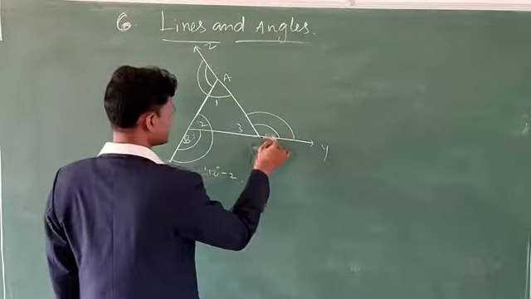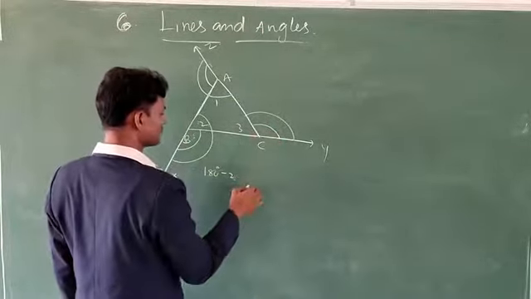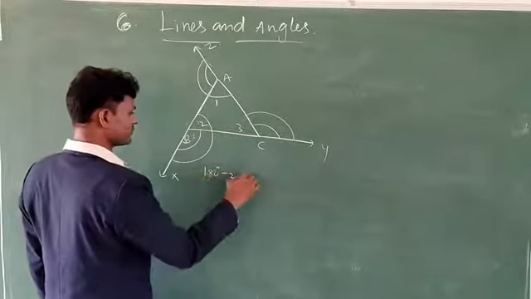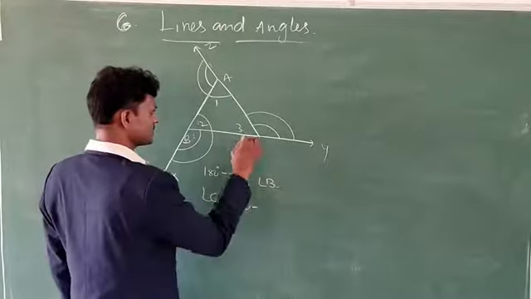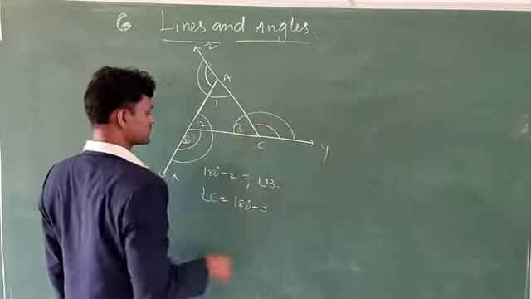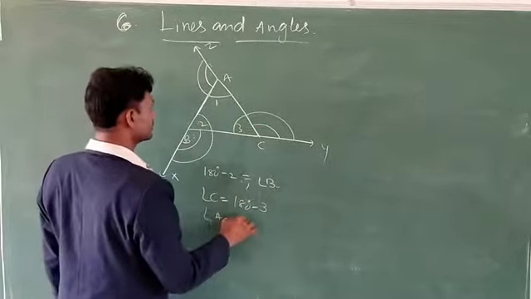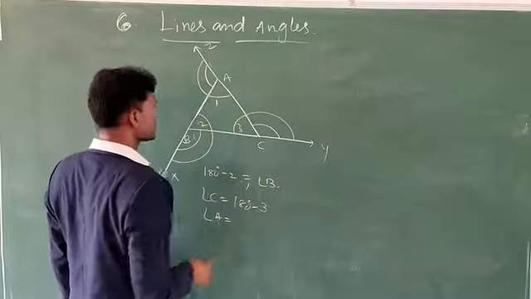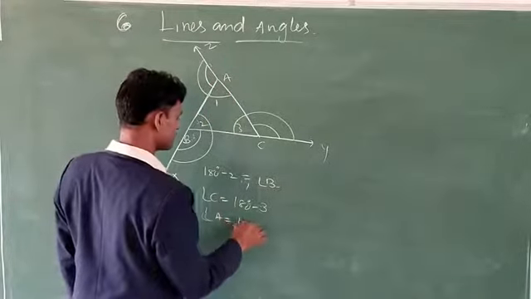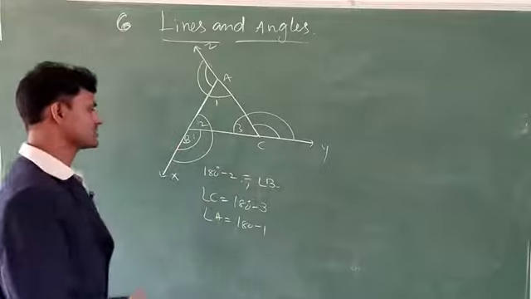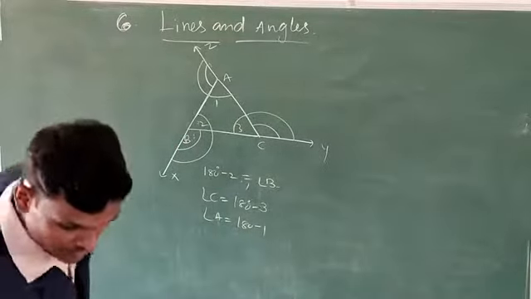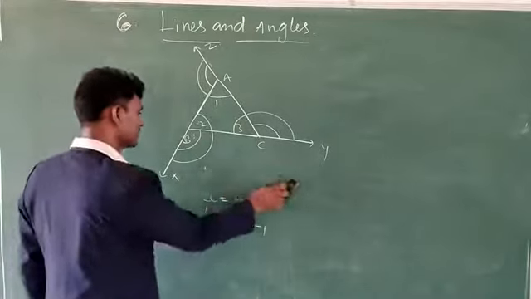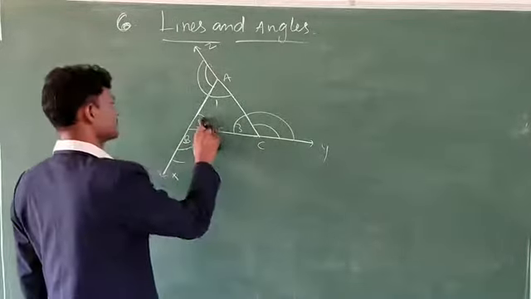Angle C is equal to 180 minus angle 3. Next angle A is equal to 180 minus 1. Now you can add these things, then you will get the answer. Or otherwise, simple values we have to take. Here, no need to be confused. See here.